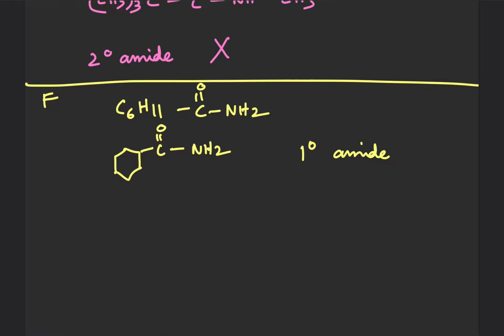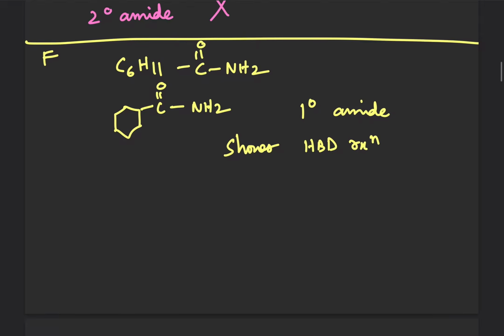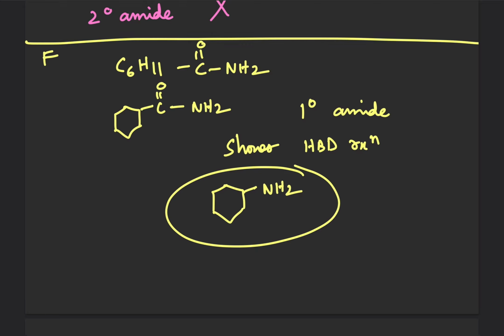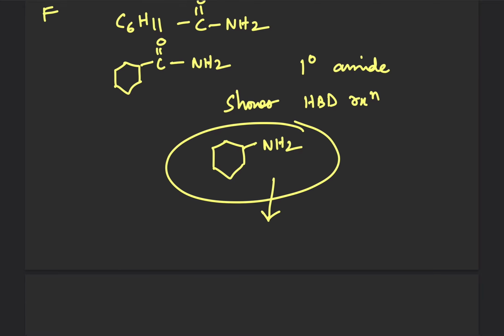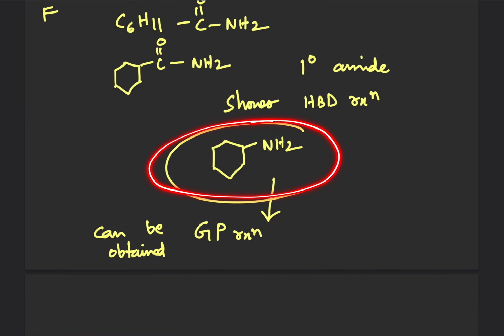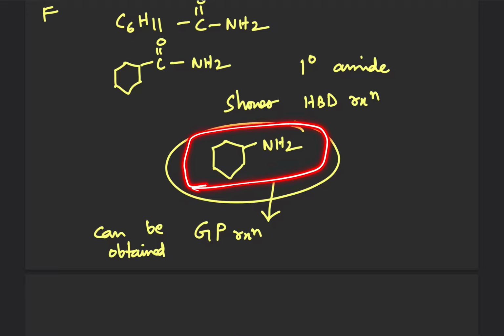Okay, so therefore it shows Hoffman bromide degradation reaction, and as a result gives this as the product, and this product can be obtained by Gabriel Thalimide reaction because it is an aliphatic 1-degree amine. As NH2 is not connected to an aromatic ring, therefore it is an aliphatic 1-degree amine. So therefore compound F is one of the answers.